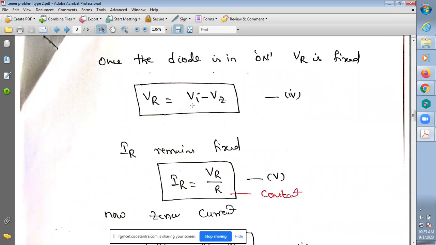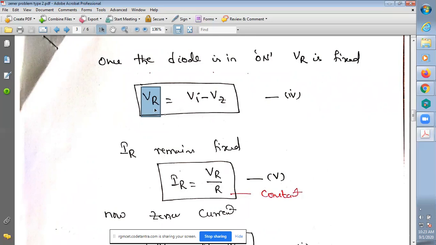Observe here, in this case Vi is fixed, right? Output voltage Vz is also fixed. Once the Zener diode is in breakdown, the voltage is constant. So Vi is fixed, Vz is also fixed, then the resultant voltage VR is also fixed, right? Remember this one.